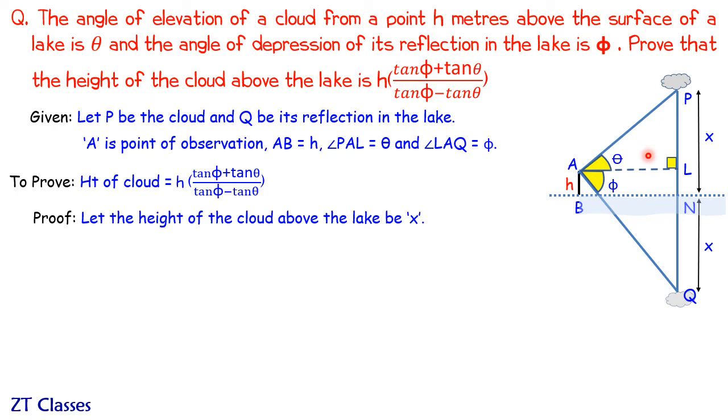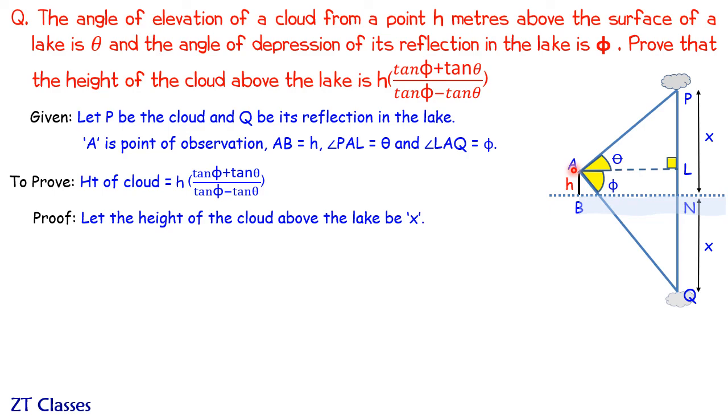So in both the triangles we have these angles and the sides given. AL is unknown, and this AL is what we will compare to get the value of x in terms of h.